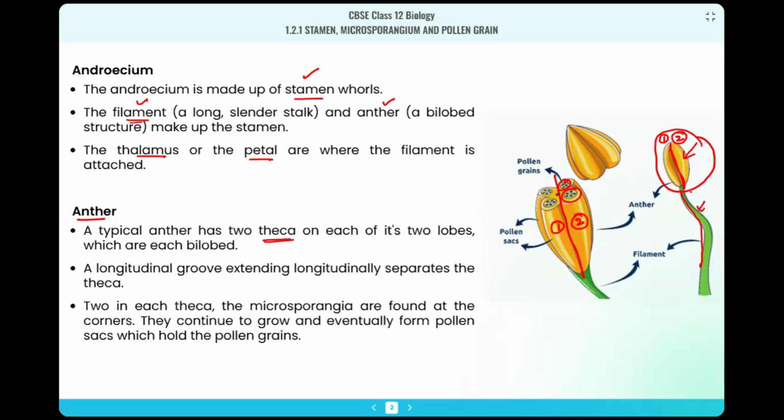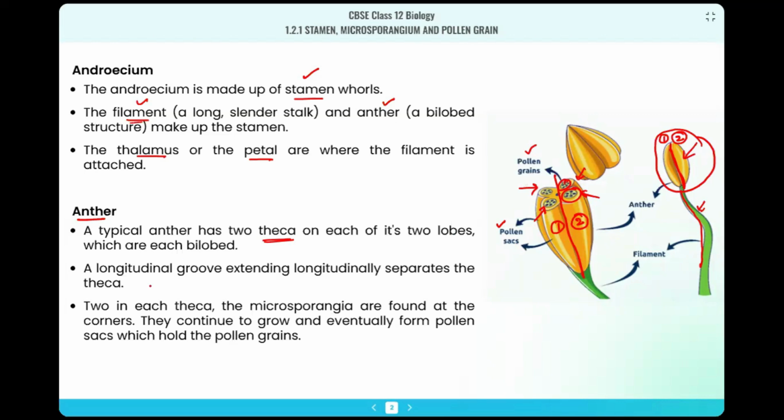Now, two in each theca, the microsporangia are found at the corners. You can see at the corners that there are microsporangia, and they contain the pollen grains. They have pollen sacs which consist of the pollen grains. Now the pollen grains have the male gamete nucleus, isn't it?